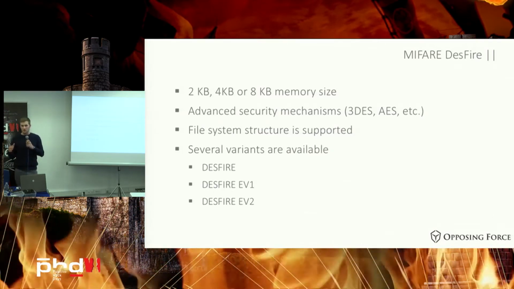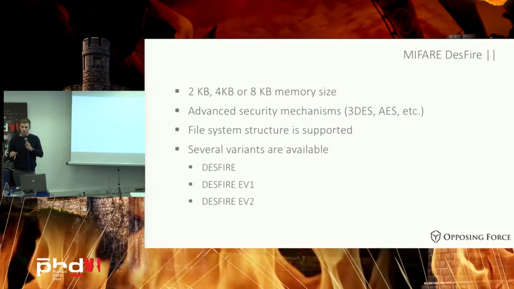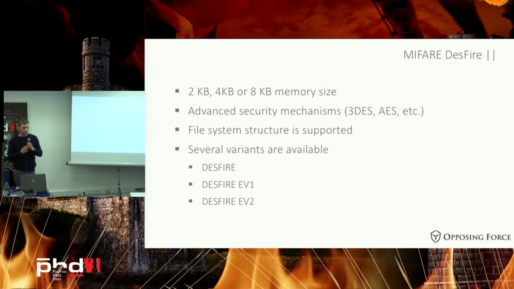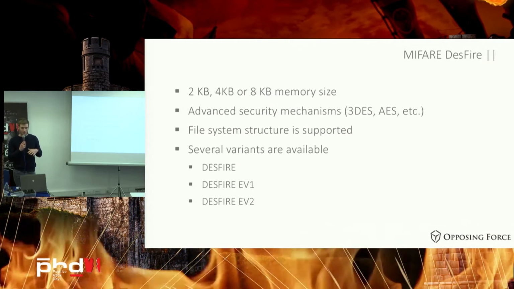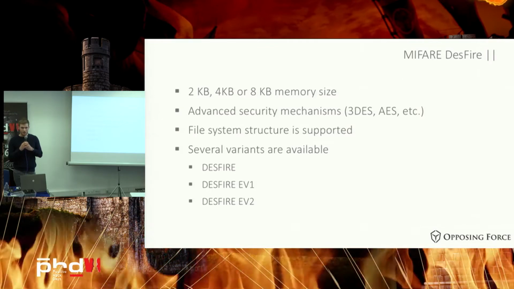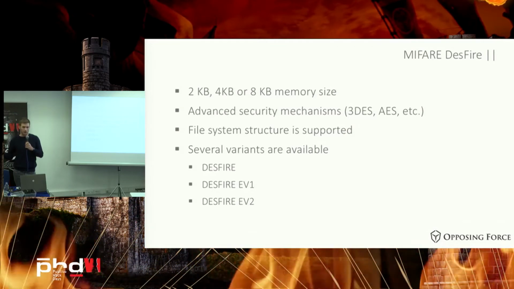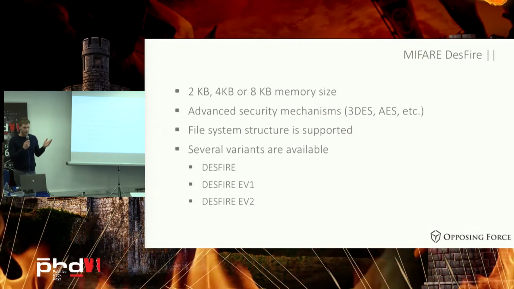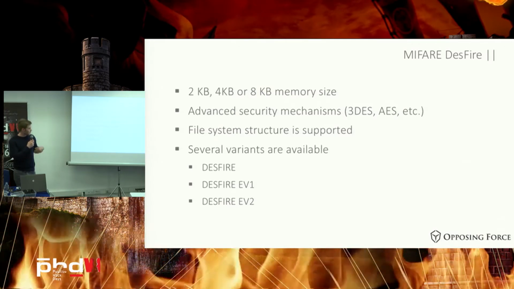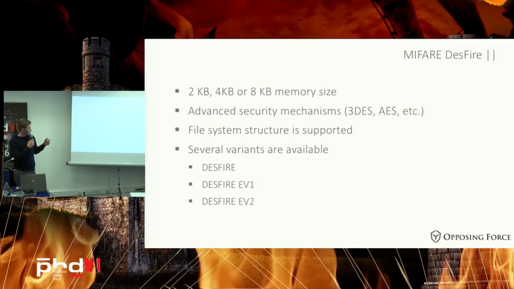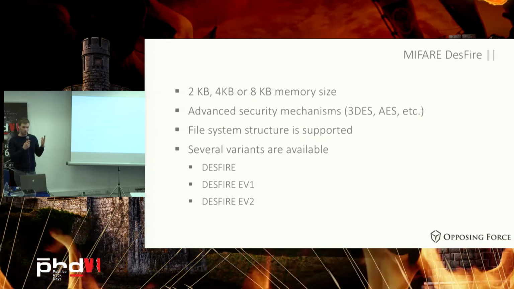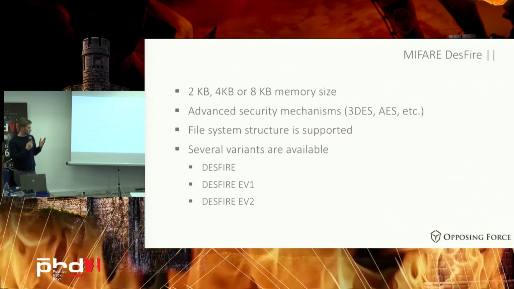They developed some side channel attacks on that. So if you search online, there is research from guys in Germany, the same guys who built the Chameleon, which is a tool I'll talk about later, who broke the DESFire with some side channel attacks. Then they created the DESFire EV1 and the DESFire EV2, which, as far as I know, at the moment are still secure or something like that.